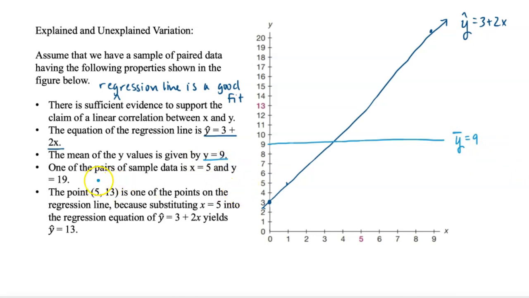Then I'm given that one of the pairs of sample data is x equals 5 and y equals 19. Let's just mark this point.